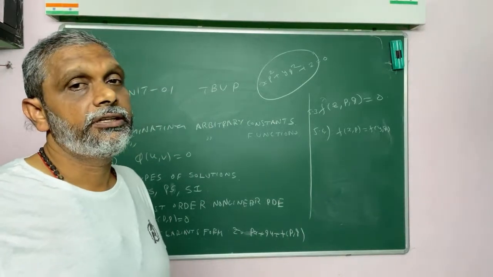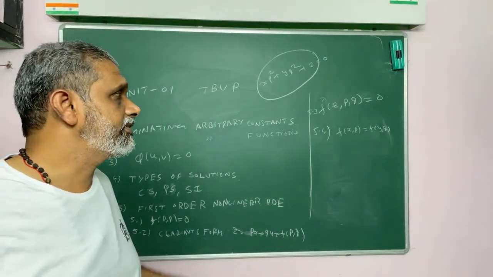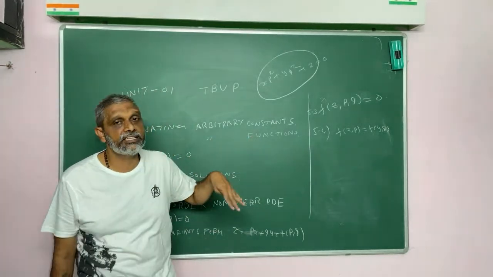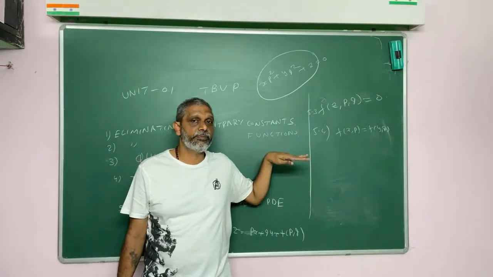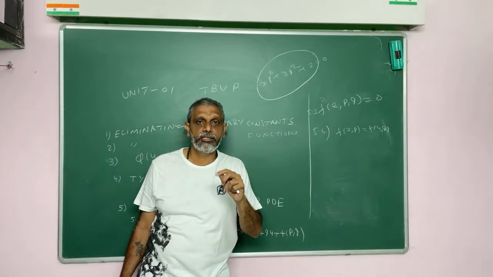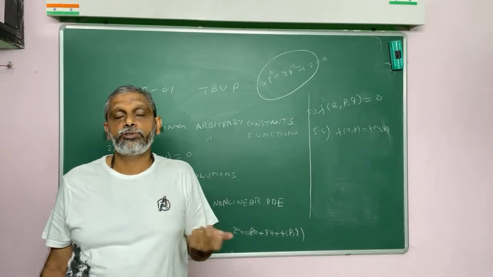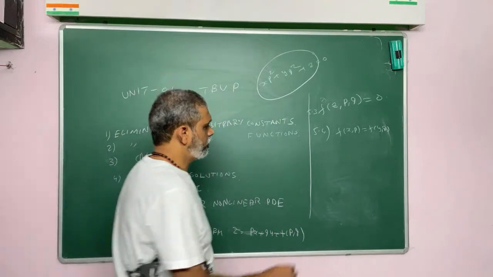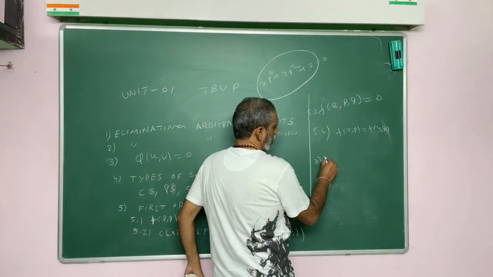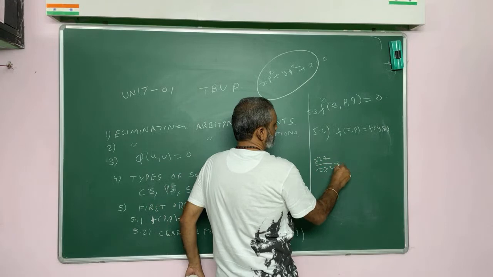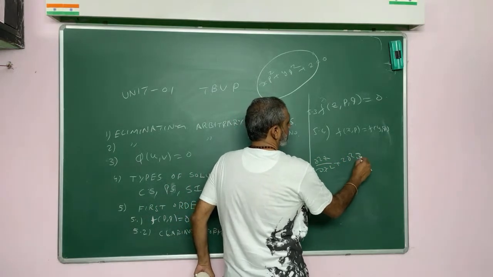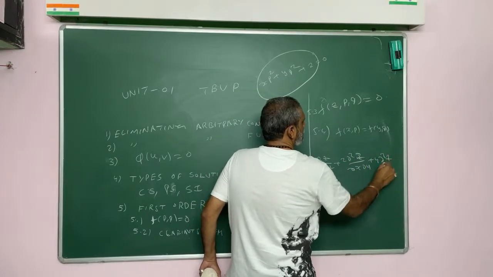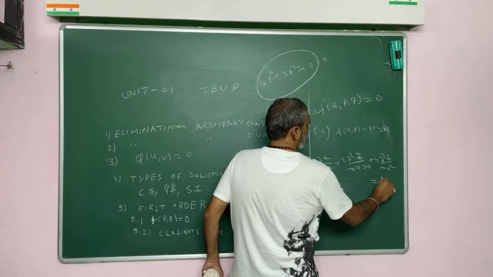Next you will go for the homogeneous. What does homogeneous mean? Homogeneous linear differential equation: they maintain the same order, the degree should be 1. Linear means there are no x, y, z coefficients, only constant coefficients. For that, you will find the solution z. Maybe you will have del squared z by del x squared plus 2 del squared z by del x del y plus 4 del squared z by del y squared equal to some f of x.